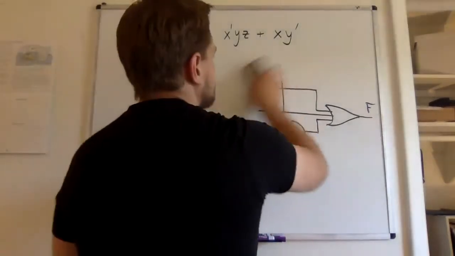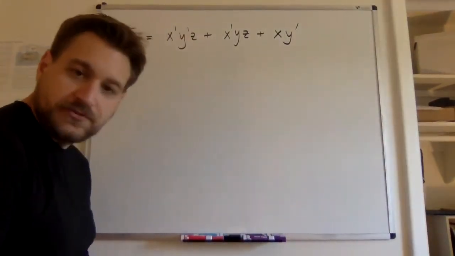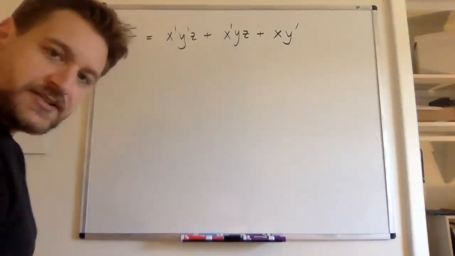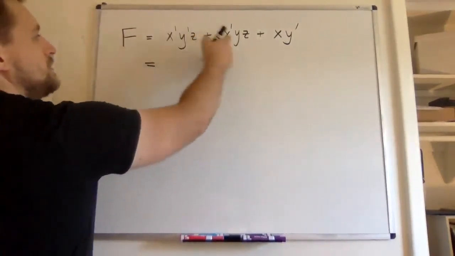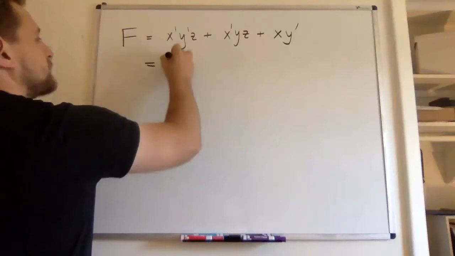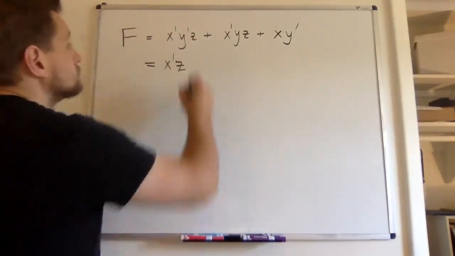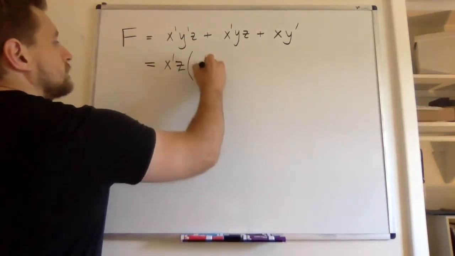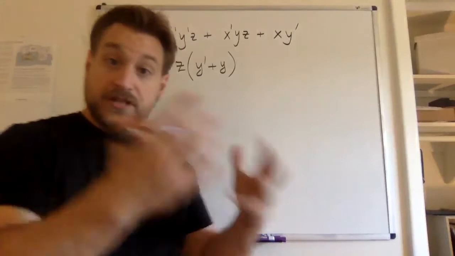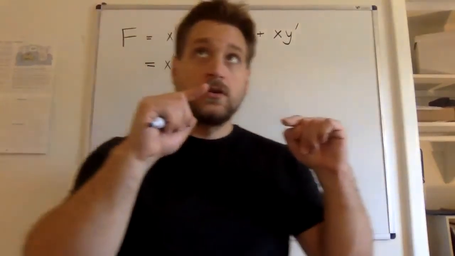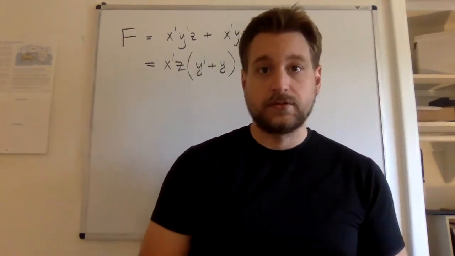We could use the postulates and theorems of Boolean algebra to make some simplifications. These first two terms have x prime z in common. And we're allowed to do this because these functions are distributive.